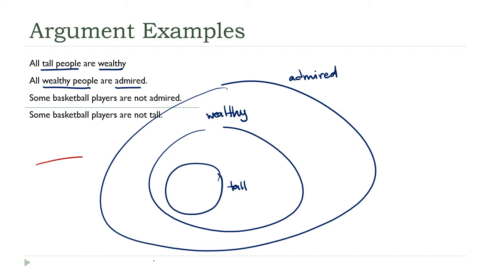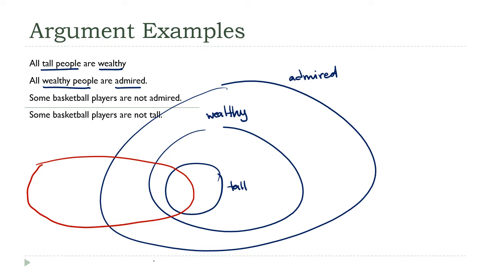I'm going to draw this like this so that it overlaps all three of the circles, because that's possible. There's nothing in the statement that would lead me to believe that I should not put some of these basketball players into the tall and wealthy categories, right?